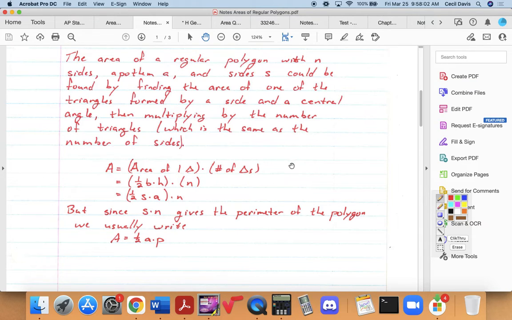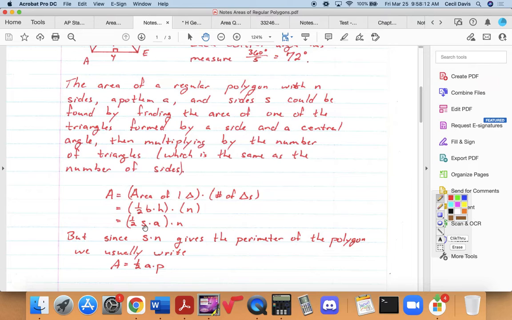Mathematicians are the either most efficient people in the world or the laziest people in the world, depending on who you want to ask. They're like, that's too many letters. So what they did is they said, okay, if I multiply S times N, the length of one side, times how many sides we have, that gives me the perimeter of the whole figure. So they replaced the S times N with P for perimeter.